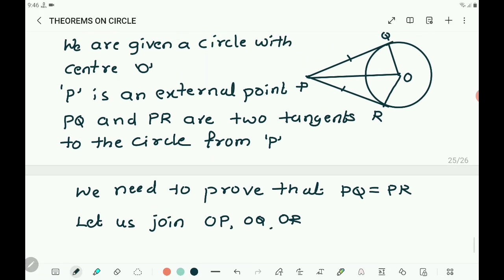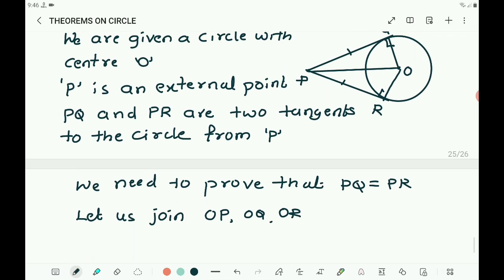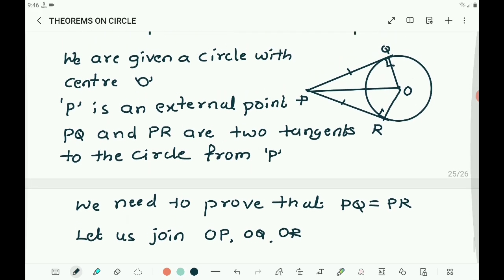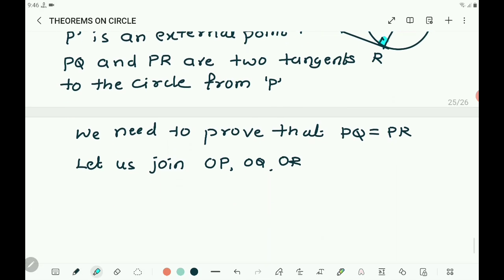Here you know that OQ is perpendicular to PQ and OR is perpendicular to PR according to the previous theorem. According to theorem 10.1, angle OQP and angle ORP are right angles. So you write that one.